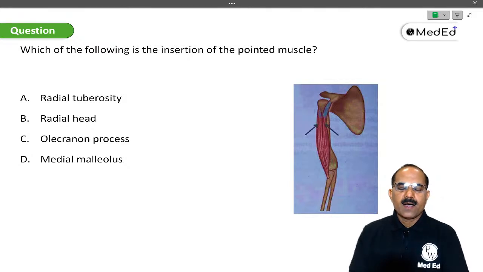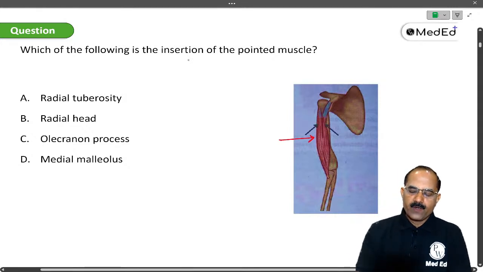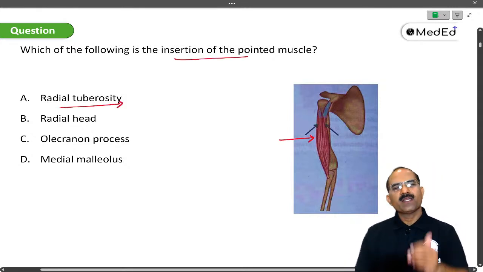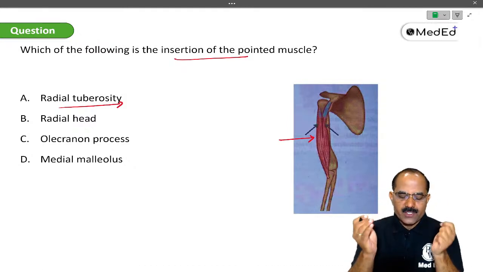Yes, answer is biceps, है ना? Pointed muscle, biceps brachii. And where is the insertion of this pointed muscle? That's the radial tuberosity. मैंने अभी बोला था आपको, biceps brachii का insertion is on the radial tuberosity.